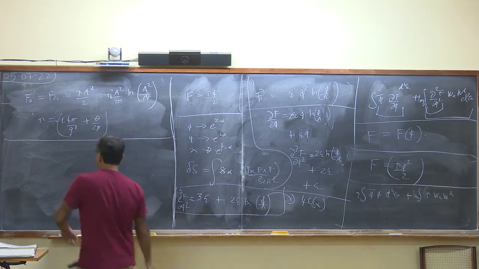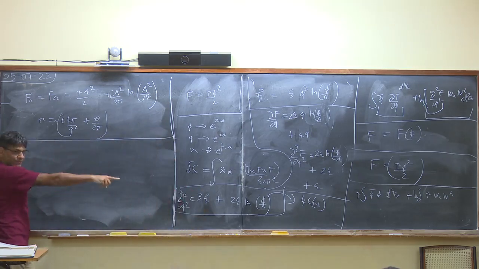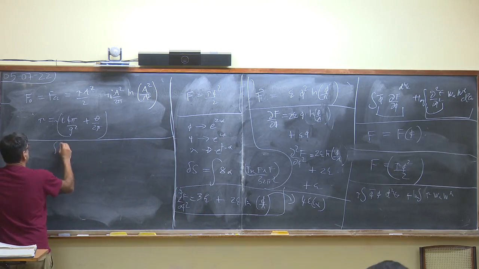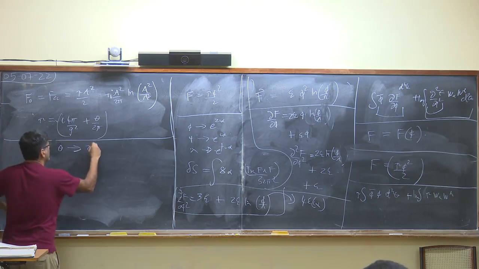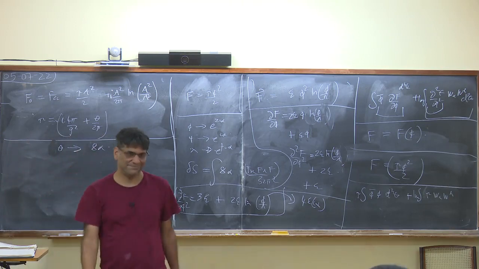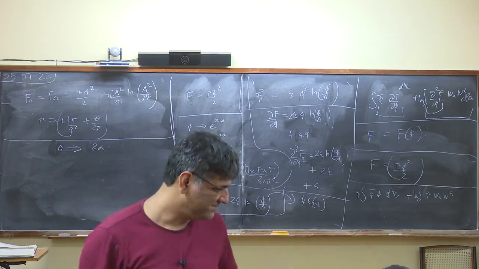So this has been designed to do the following. With this f, theta shifts by 8 alpha. That's by design. We wanted this.